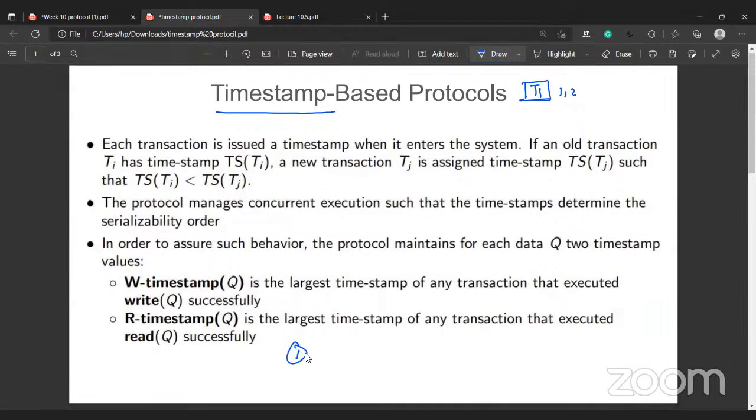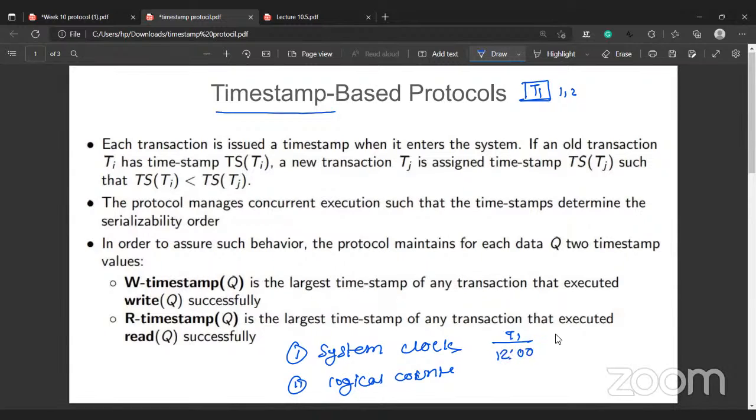There are two ways to give a unique timestamp. It can be the system clock, or it can be a logical counter, right? So suppose transaction T1 enters the system at 12, so you can give unique timestamp 12.